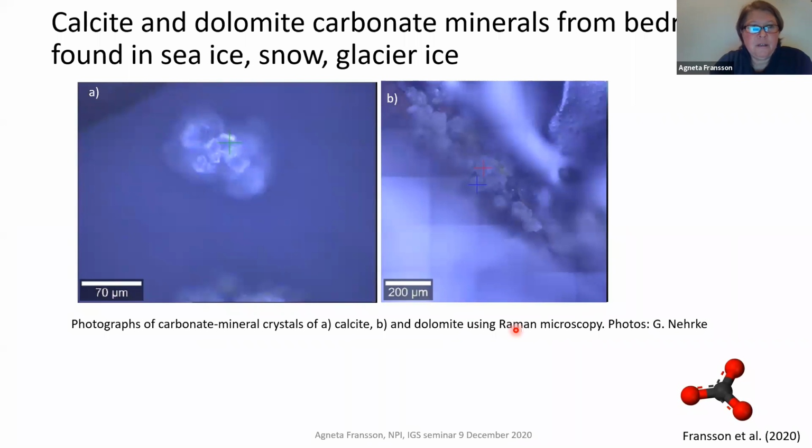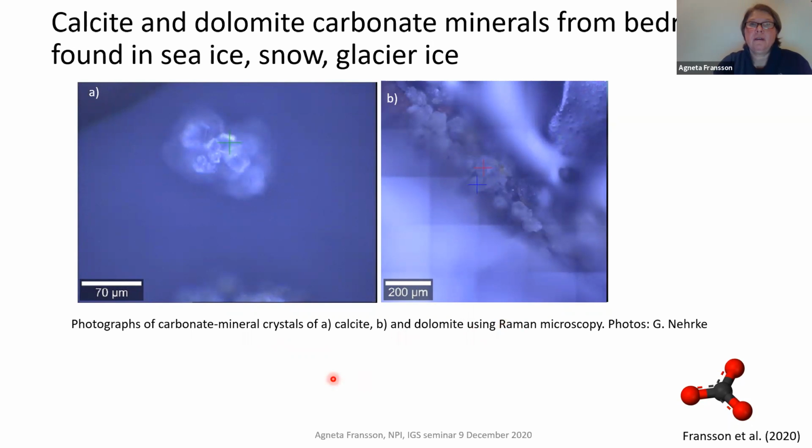So in the samples we found calcite and dolomite carbonate minerals from bedrock, in the sea ice sample, the snow and glacier ice. These figures show calcite on the left-hand side and dolomite on the right-hand side. These photos were taken by Raman microscopy by Janot Nerke at AVI.